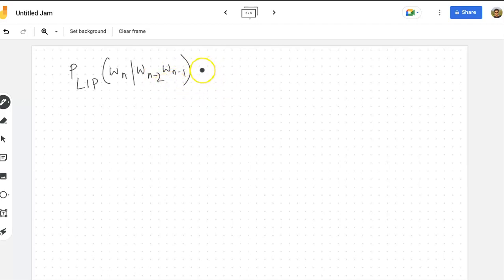The thing is pretty simple. As the name suggests, it's a linear combination, a linear combination of different n-gram probabilities. So basically this is a trigram. It will be an interpolation of the actual trigram probability plus the bigram probability.